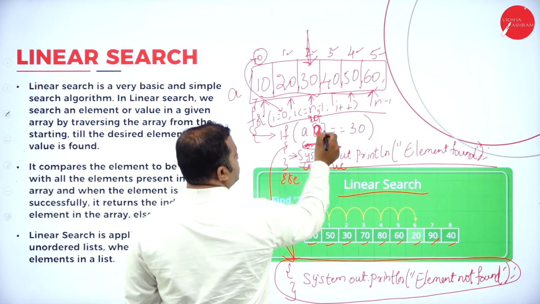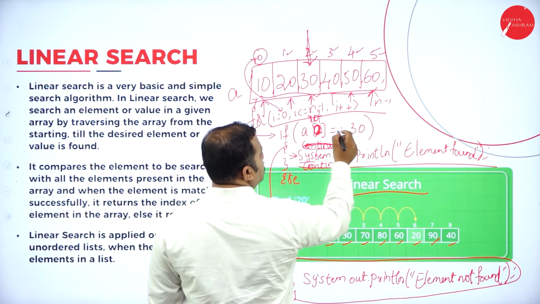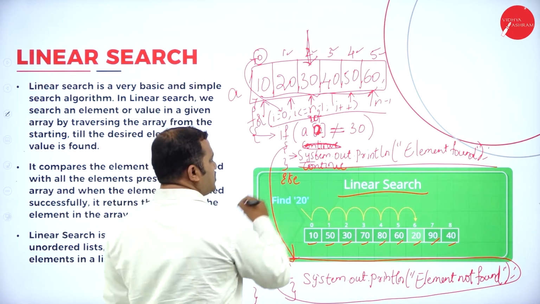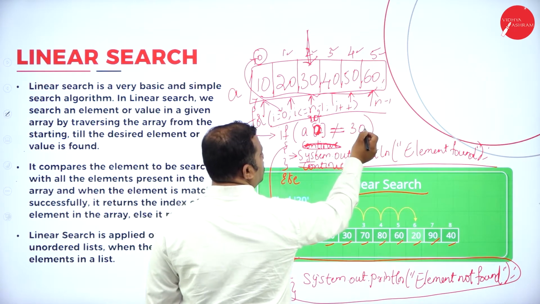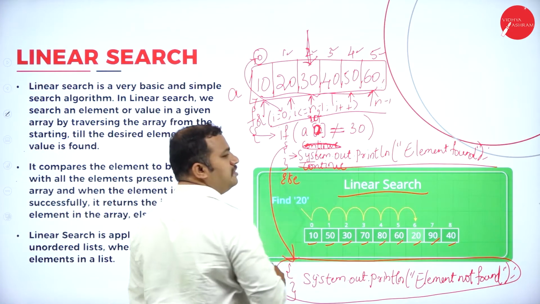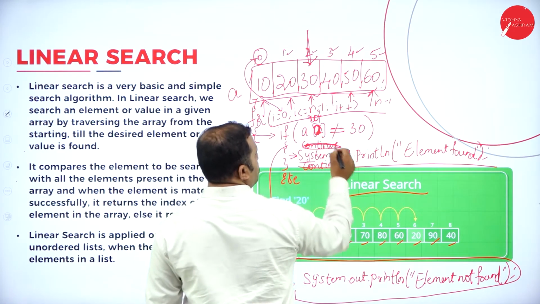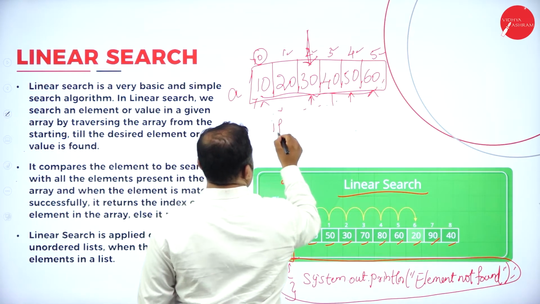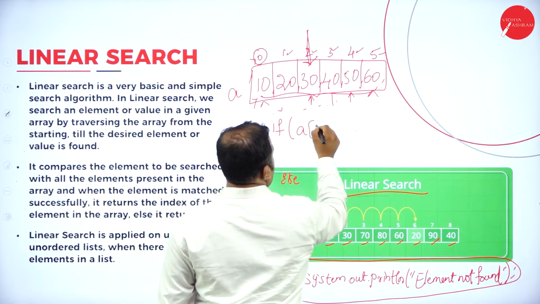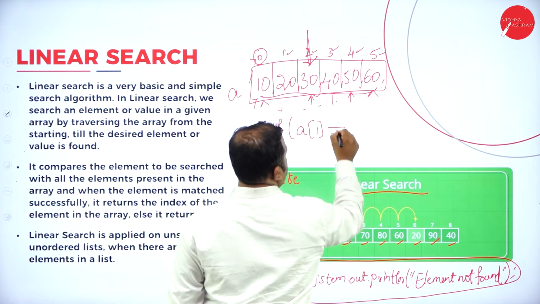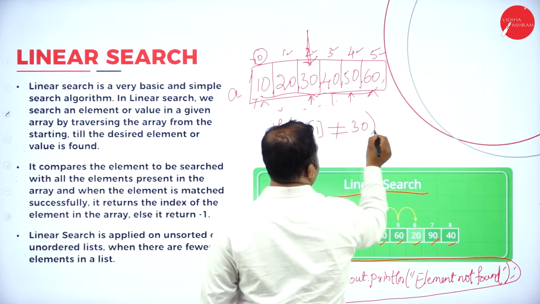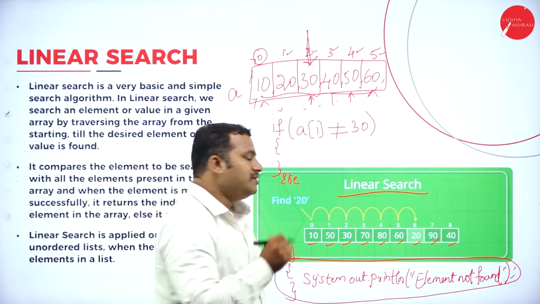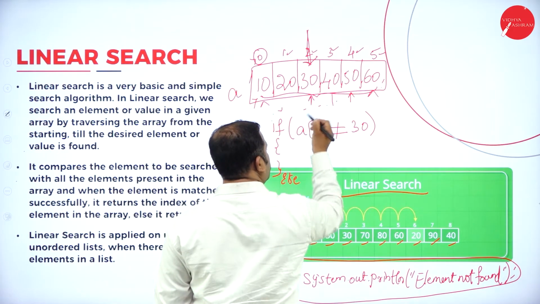If A of 0, that is 10, is equal to 30, or else let me have not equal to 30. If this is the case, 10 is not equal to 30, then it has to continue from here. That is, A of I is not equal to 30. Then it has to continue executing that.